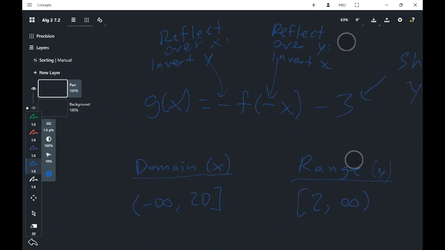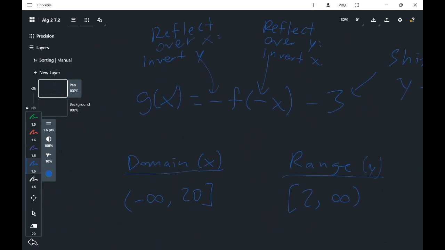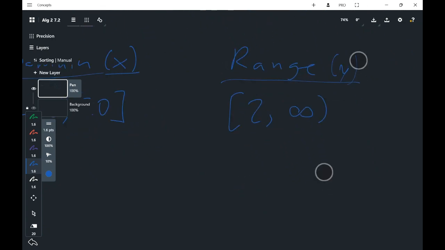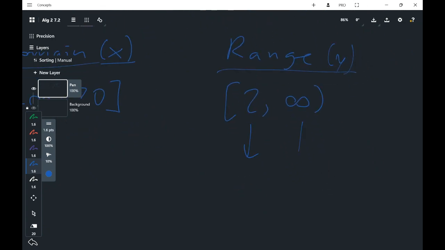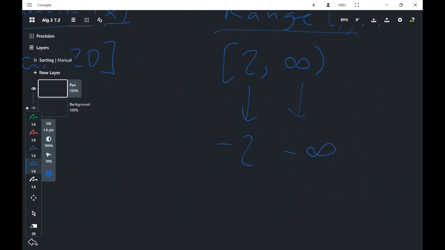So let's do these in order here. Let's invert the y's first. So these become negative 2 and negative infinity. We put this smallest to biggest. Smallest is negative infinity. The biggest, in this case, is negative 2. And you'll notice I'm keeping my brackets attached to this infinity, keeping that open bracket there.